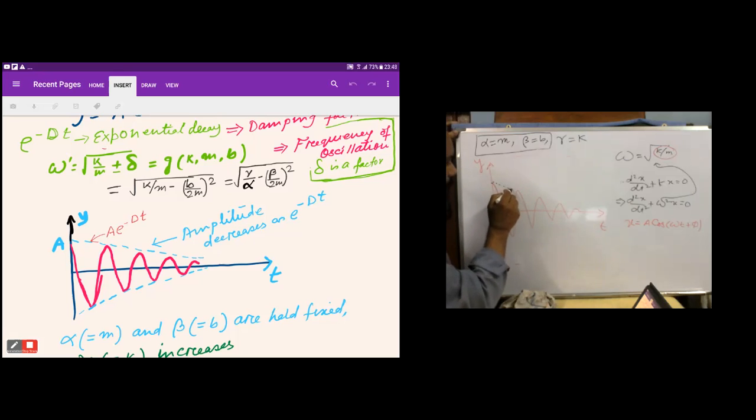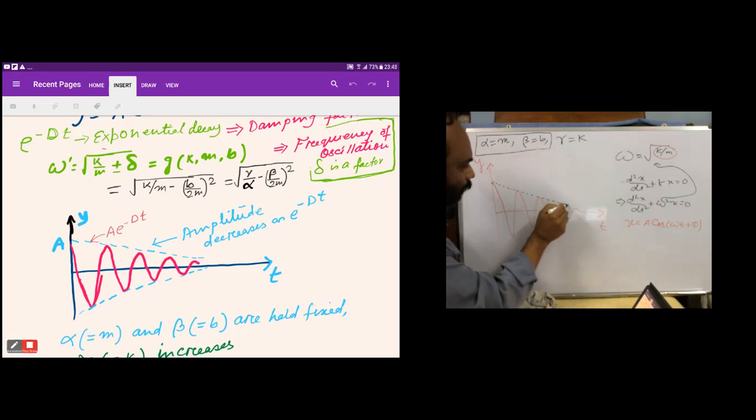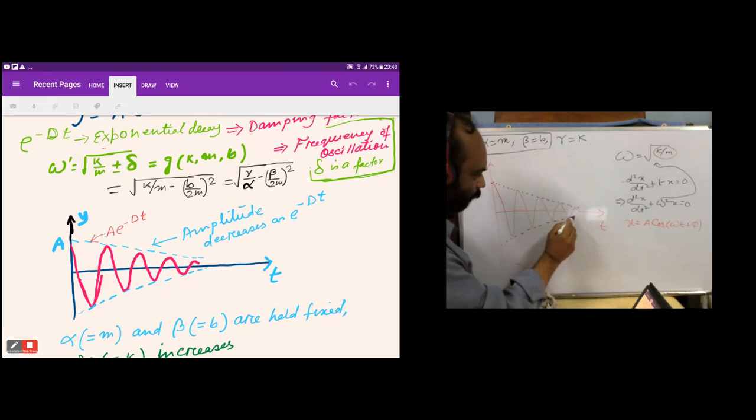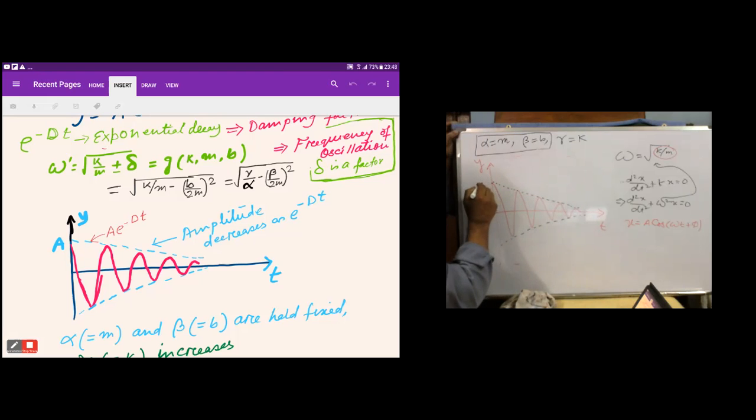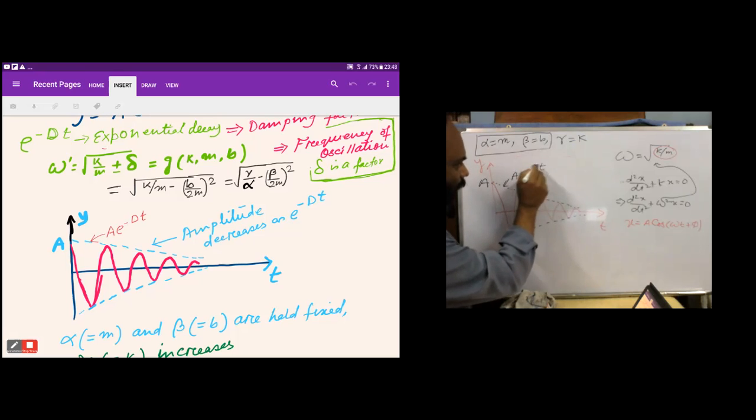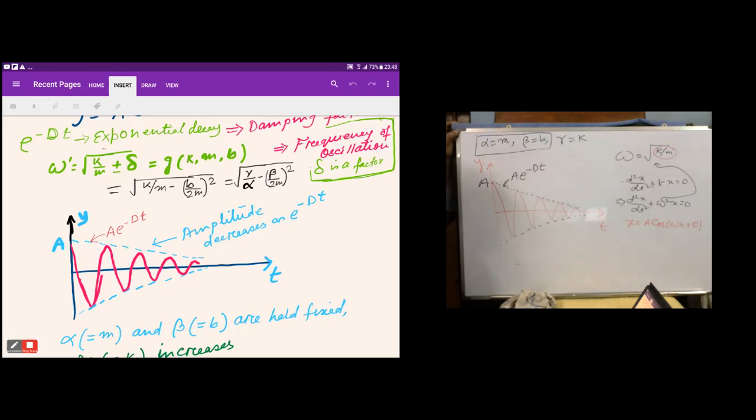So this is the amplitude which is decaying. My amplitude is A. So this is how my amplitude is decaying because of this e to the power minus dt, and amplitude decreases as e to the power minus dt, exponentially decaying.